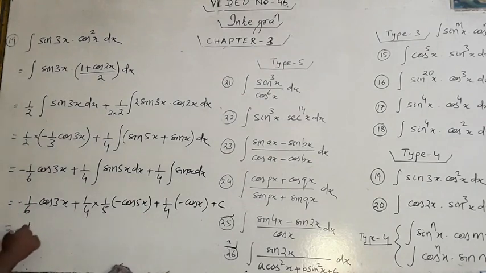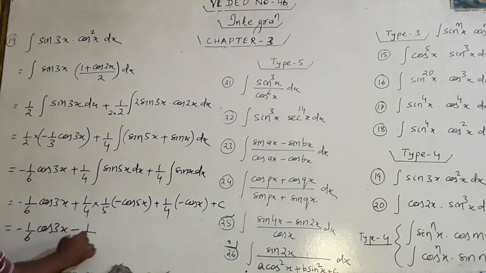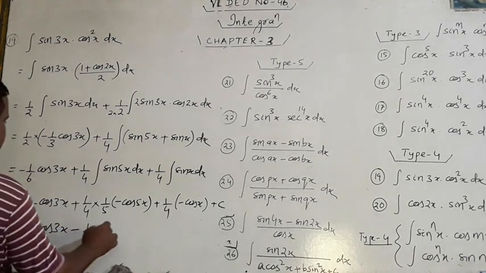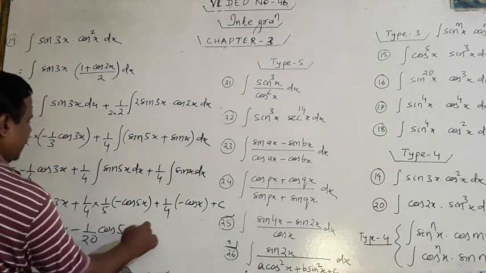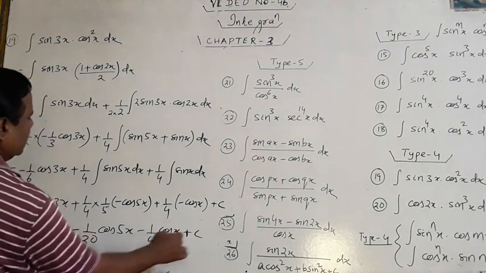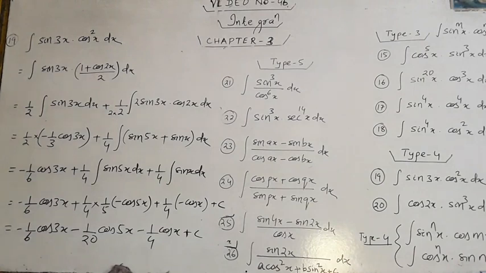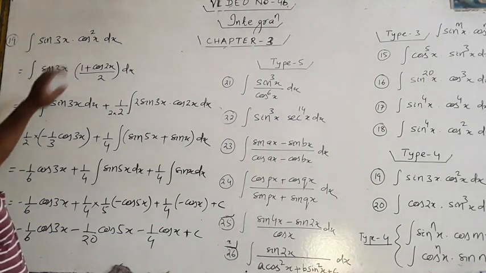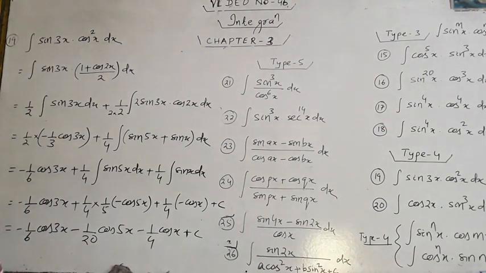It becomes minus 1 by 6 cos 3x minus 1 by 20 cos 5x and it is minus 1 by 4 cos x plus c. Or you can convert this sin 3x to the form 3 sin x minus 4 sin cube x. Okay, you can also do by that method.